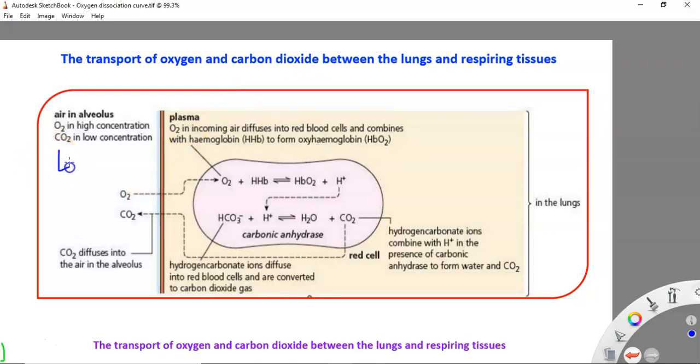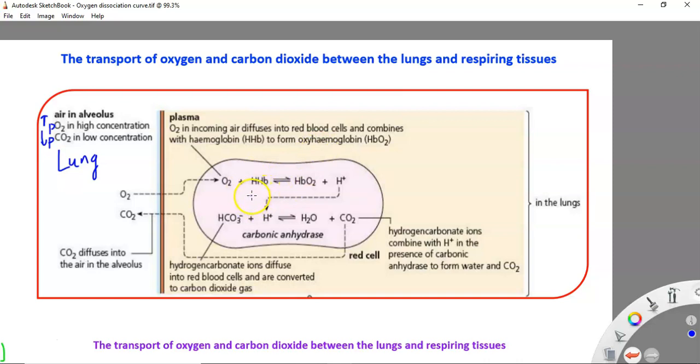Here we are in the lungs, in the alveolus. In the alveolus, you have a high partial pressure of oxygen and a low partial pressure of carbon dioxide. So with that high partial pressure of oxygen, oxygen will tend to combine with hemoglobin. If you remind yourself how hemoglobinic acid is formed, that hemoglobinic acid is there when blood reaches the lung.